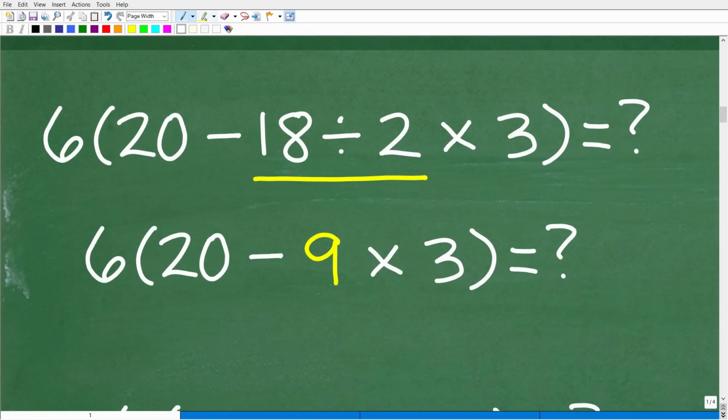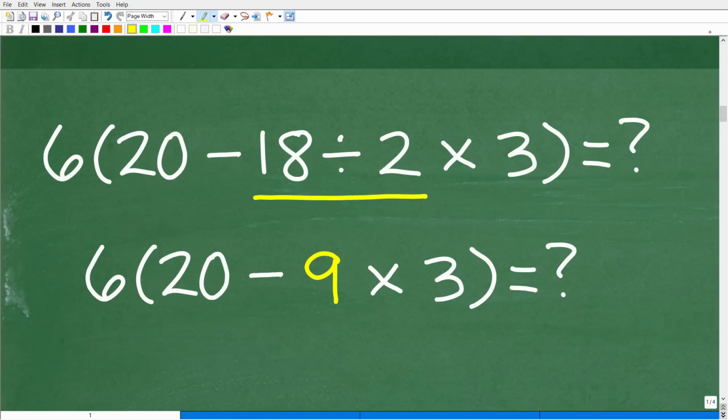First things first, let's scan through here. We're thinking about PEMDAS. Now, you don't have to write it out, but for those of you who are learning this for the first time, if you want to write it out, that's perfectly fine. So we ask, is there any parentheses? Obviously there is. So that means do everything inside parentheses first.